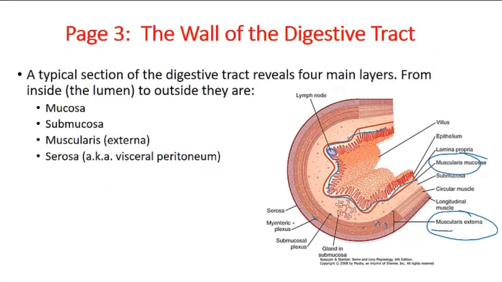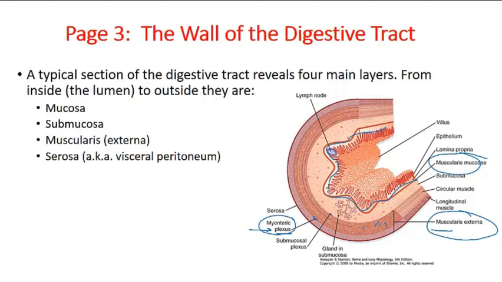Now another specific region, if you look at this picture, you can see the mesenteric plexus. Mesenteric plexus is a network of neurons that is present in the muscularis externa. If you see, it is in very close communication with the submucosal plexus as well, and together the two plexuses produce the enteric nervous system.